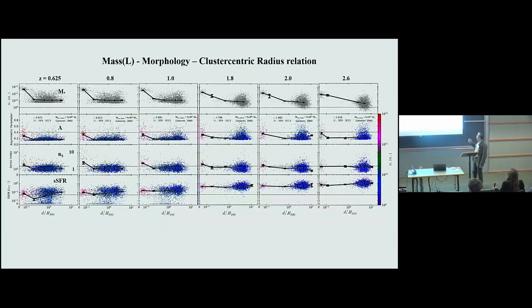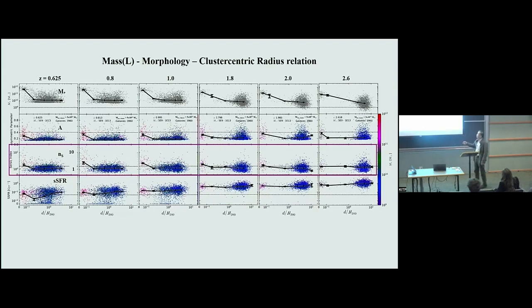Okay, so here we try to understand the relation between mass, morphology and cluster central radius. Let's look at this panel. In this panel, I'm showing the Sérsic indices of cluster member galaxies identified at the final epoch of simulation.